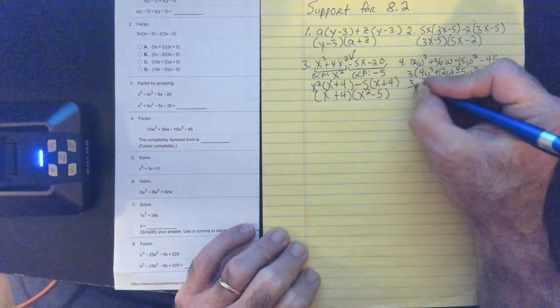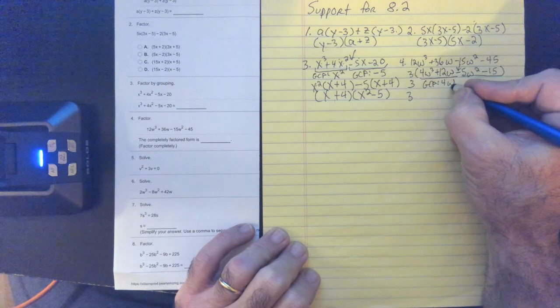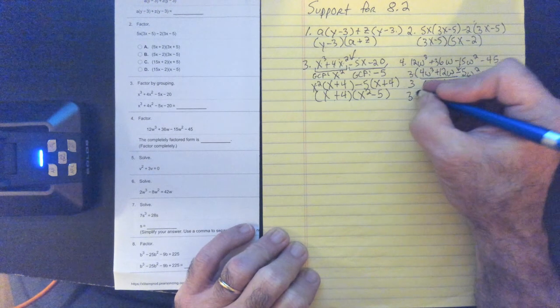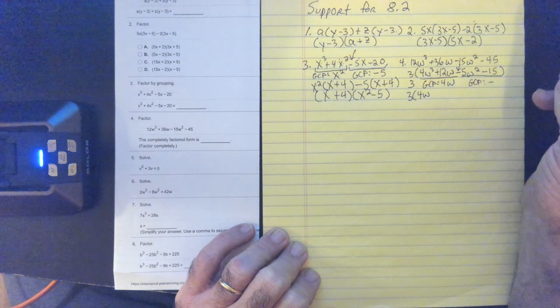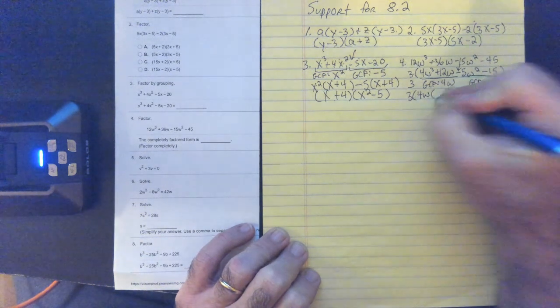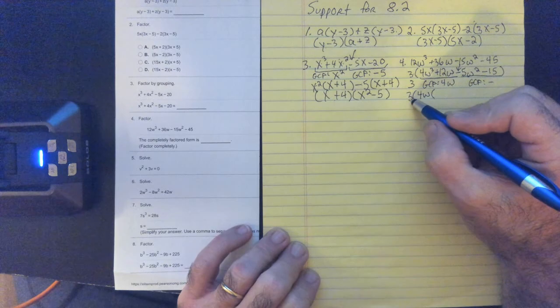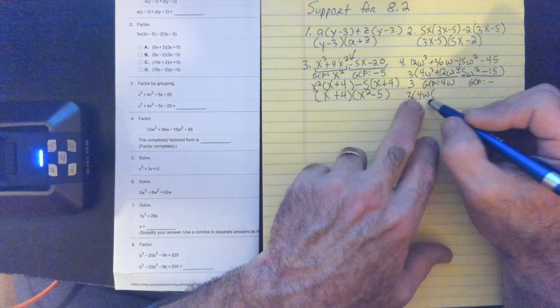So if I bring down my 3, and then factor out that 4w, followed by its parentheses. Remember, this 3 is just getting brought down each time, so I'm putting extra parentheses.